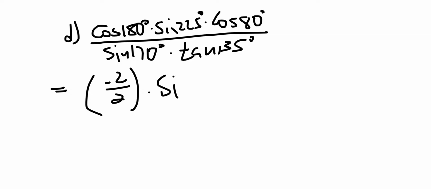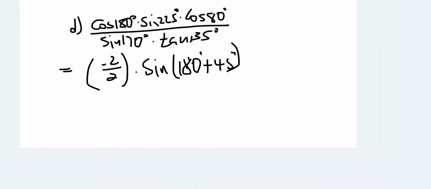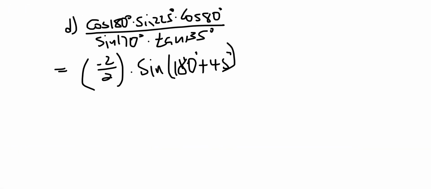Sine of 225, I think this one should be, let's see, 180 degrees. Yes, I think 180 degrees, that we need to add what? 45. Yes. So now what else are we having? Cos 80. What do we do with cos 80?